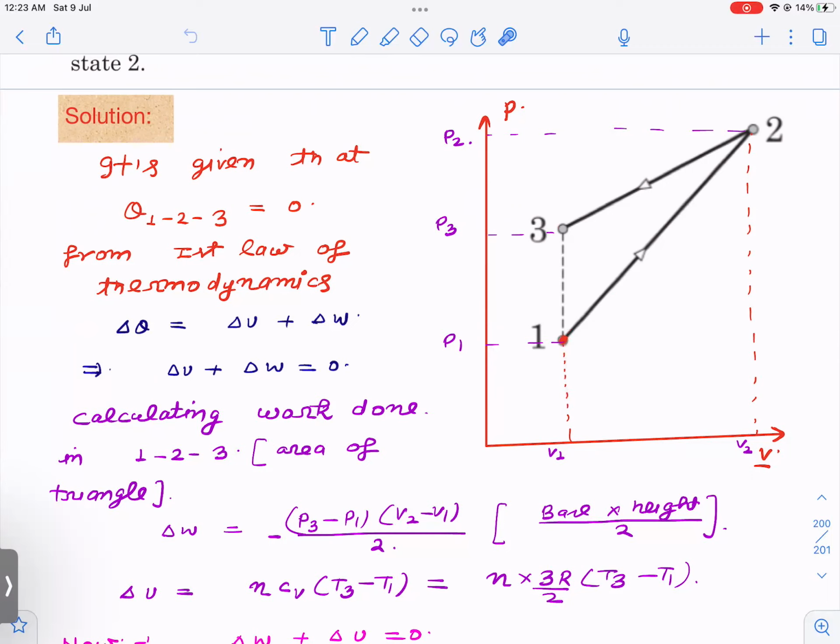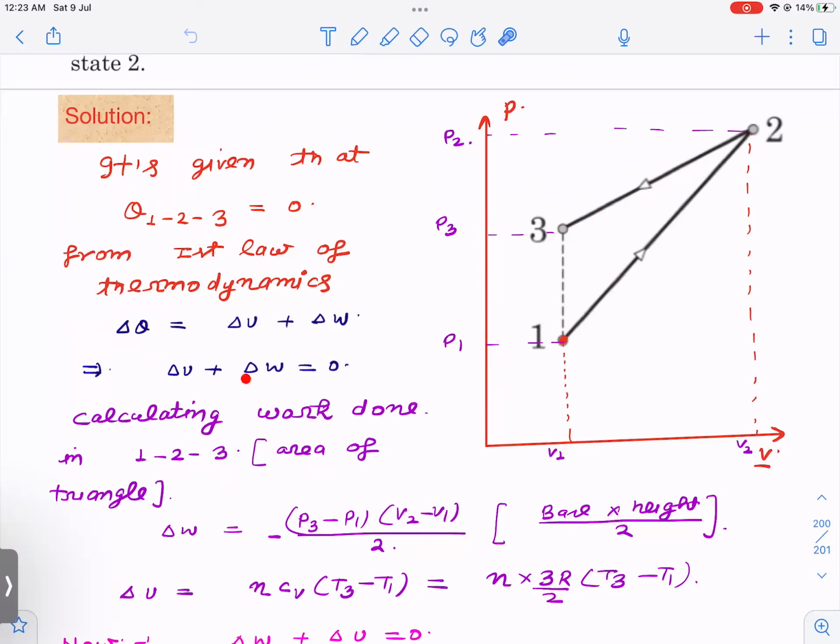So if pressure at 3 is more than at 1, delta U is positive, so delta W should be negative. From 1 to 2, delta W is positive, but from 2 to 3, delta W is negative, so overall work done is negative. This is a possibility, with pressure at 3 more than 1, so we'll explore that possibility and try to find the answer.